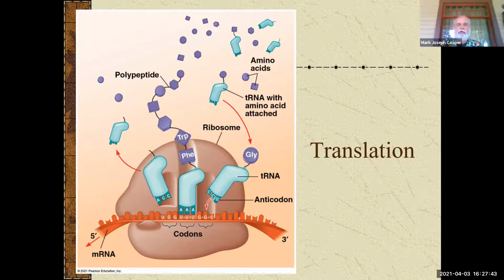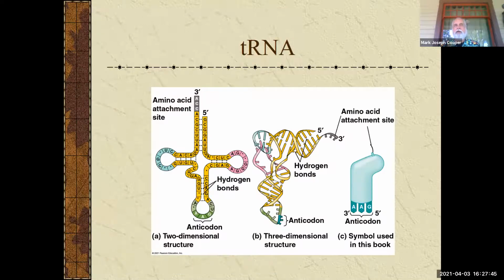And so what we're going to do is go through these steps. It's going to be probably one of the longer videos, a little more complicated. So here's what you need to know. Transfer RNA is a single strand, just like messenger RNA. But it is bent into a 3-dimensional shape. And so what is important is a couple of different spots on it.